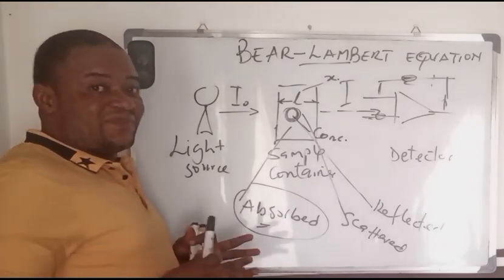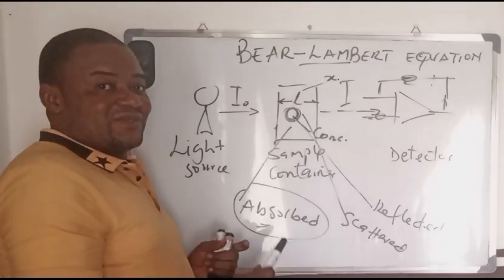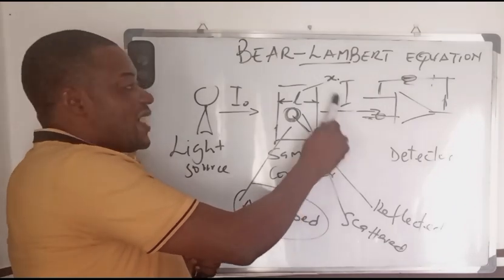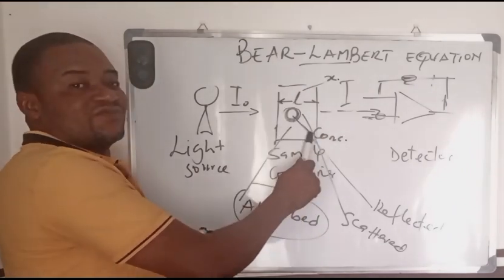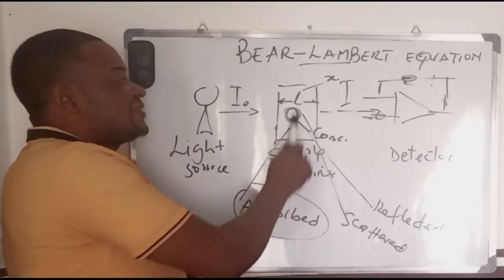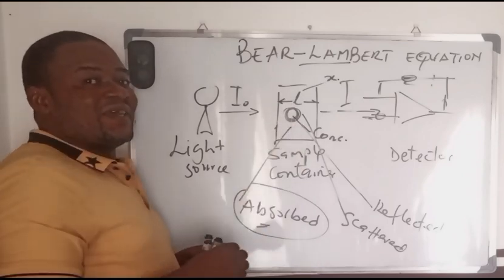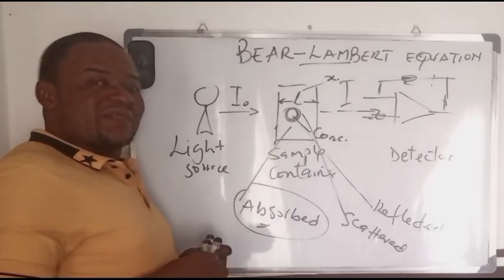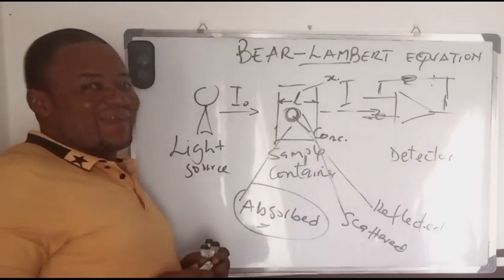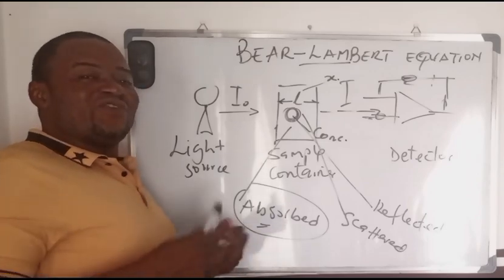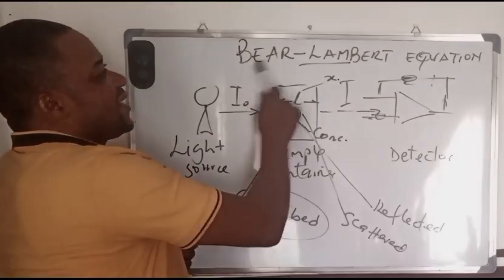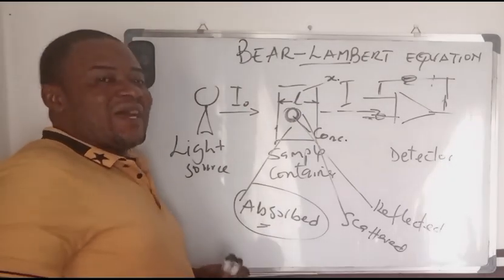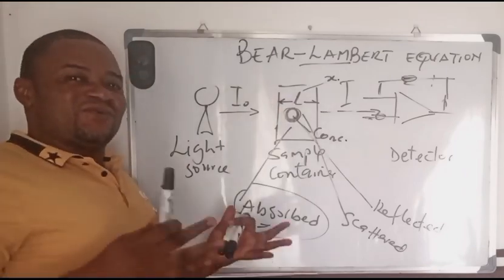Since both of them understood that they were saying one and the same thing, there was need for their laws to be collapsed. And that is why the Beer-Lambert law and the Beer-Lambert equation came up.